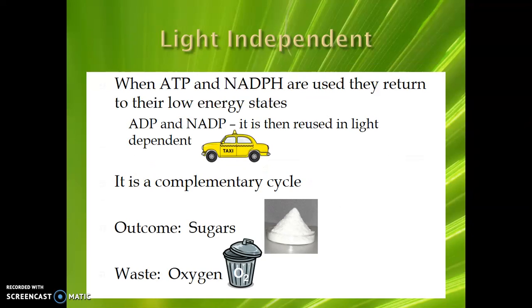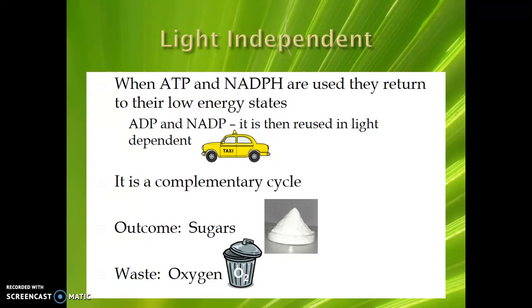Now, when we use the ATP and we use up the NADPH, we use up all their energy and the energy's gone. But they're not garbage because now we can send them back over to the light dependent and recharge them because they're rechargeable. So ATP becomes a dead battery, ADP, and NADPH loses its passenger and turns back into NADP.